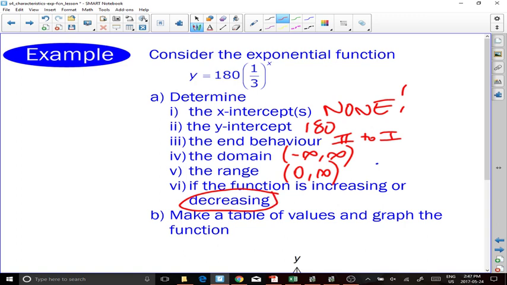So again, what we want to do is make a table of values. Now, hey, listen, I'm all for using the calculator to do all your work, but I'm also for a little bit of thinking when we can think and come up with nice values.